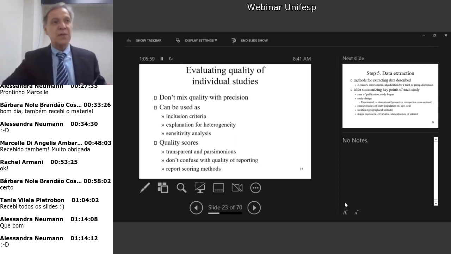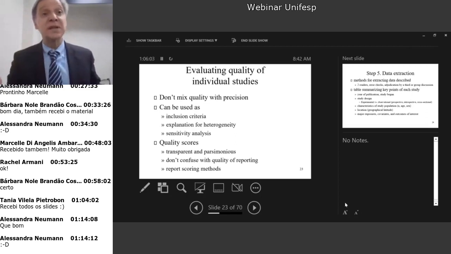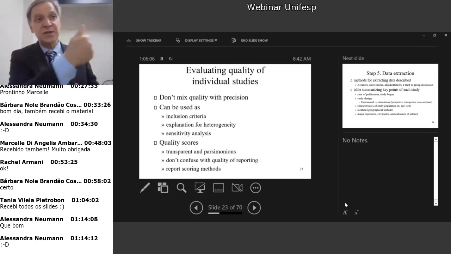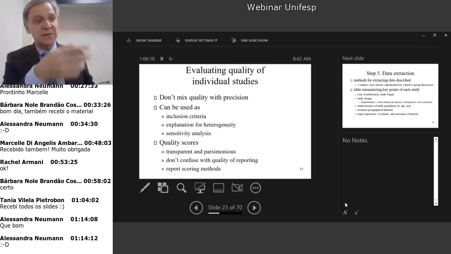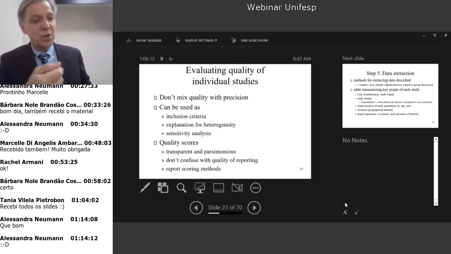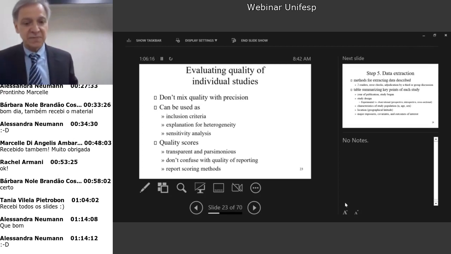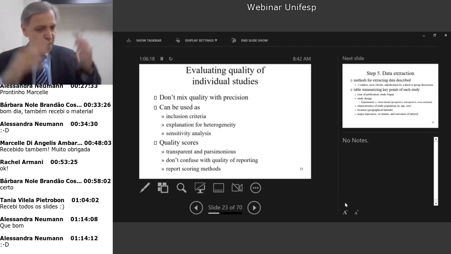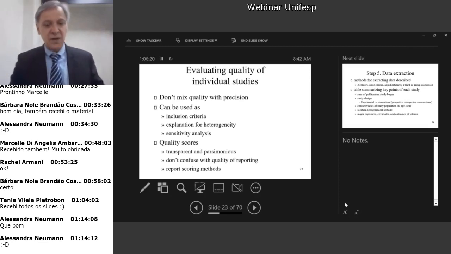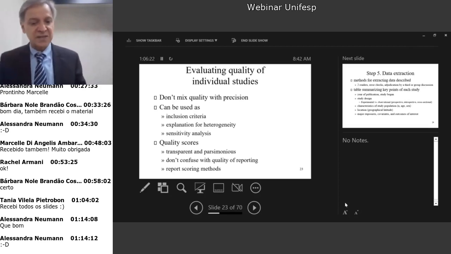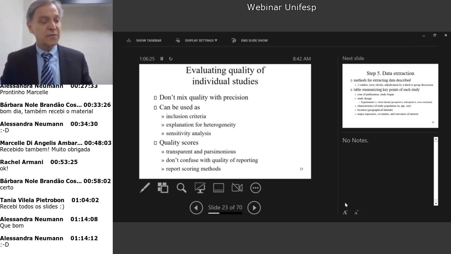I remember I told you the ranking of level of evidence: correlation, cross-sectional, case control, retrospective cohort, prospective cohort, non-randomized trials, randomized trials. That's part of the quality, but there are other issues about quality: data collection, absence of bias, control of confounding.